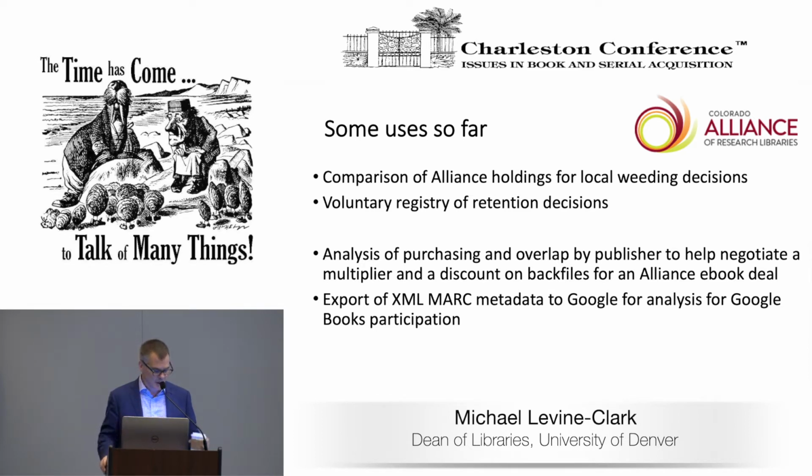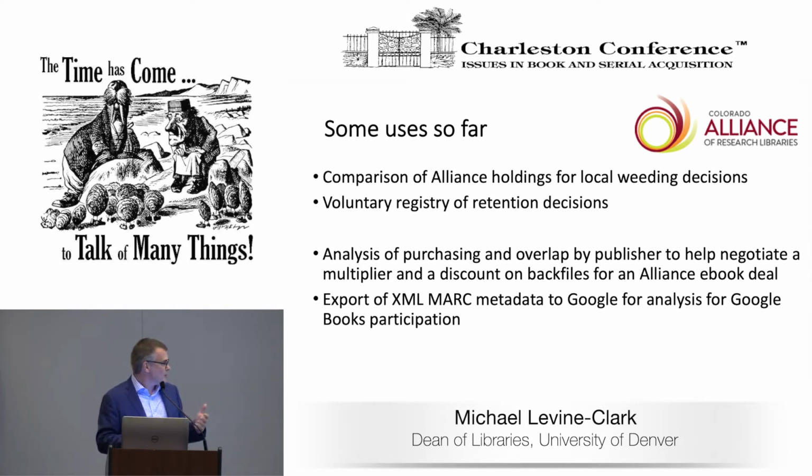One example: University of Denver has a substantial special collections cookbook collection. Because of that collection, we have a very substantial circulating cookbook collection, and we're never going to get rid of that. So we made a commitment to every cookbook in our collection. Those sorts of things were really easy to do.